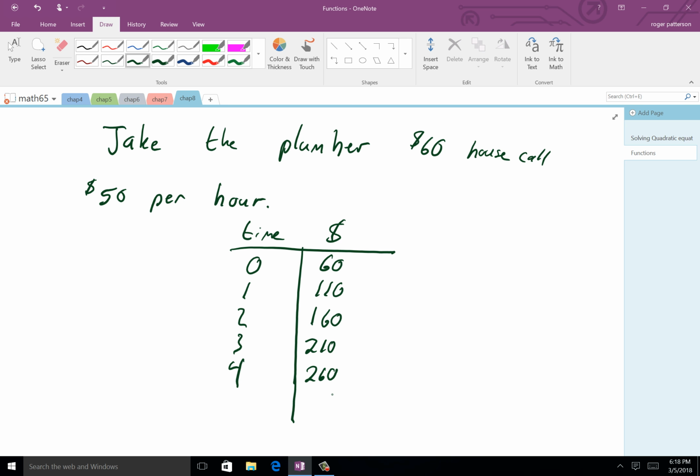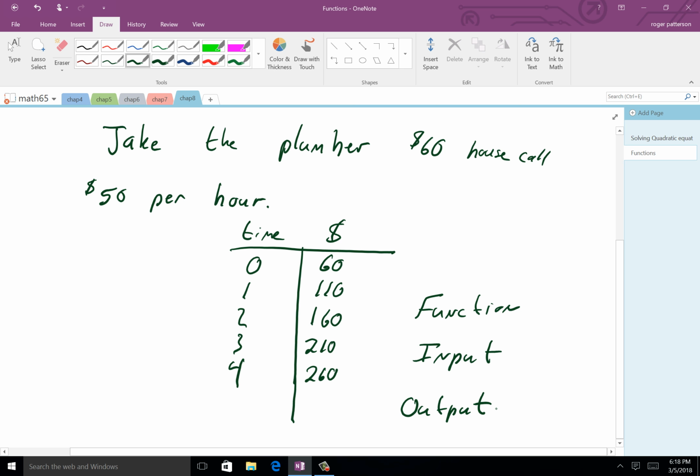This is a good example of a function for a couple different reasons. Number one, functions have an input and an output. The input is the time, because when I was saying, here's the time, people were telling me the amount. So that's the input.